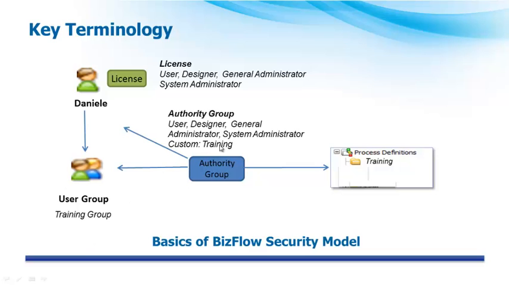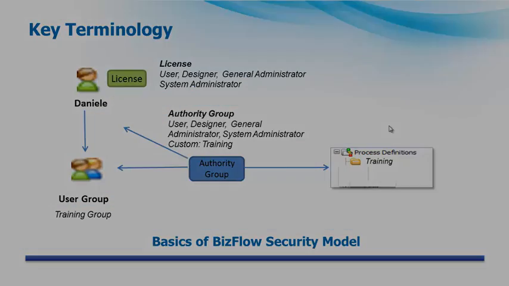So I've granted this authority, this type of functionality, to this user group as well as to this folder. And so these are the interconnections between the license, authority and user group. And again, in the administrative course, we go into a lot more detail in terms of how this works, but I wanted to just give you a very quick understanding of this as we begin to work on our processes.